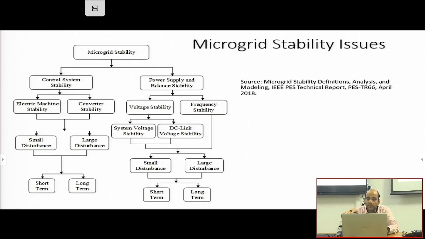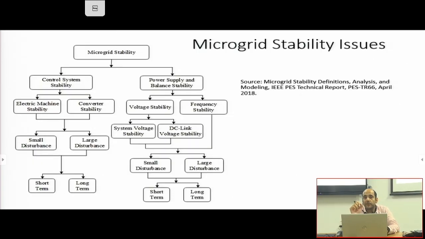So all these voltage stability issues can arise due to a small disturbance in the system or a large disturbance in the system. So what is the meaning of a small disturbance or large disturbance? As such, theoretically there is nothing called small or large. It depends on the range of linearity.